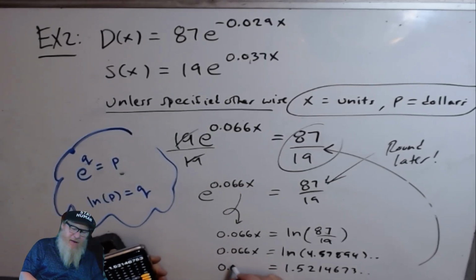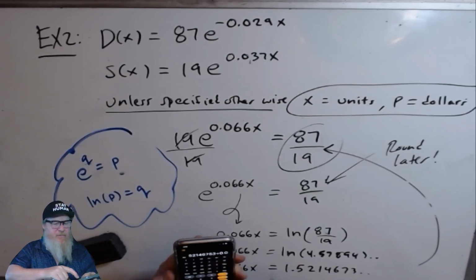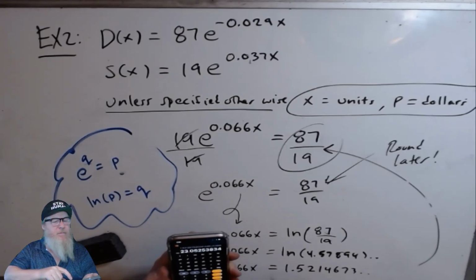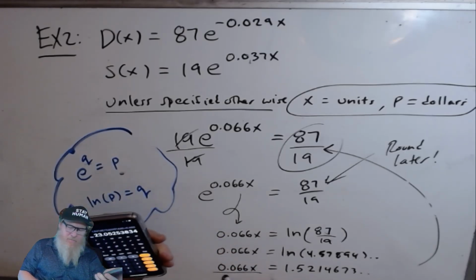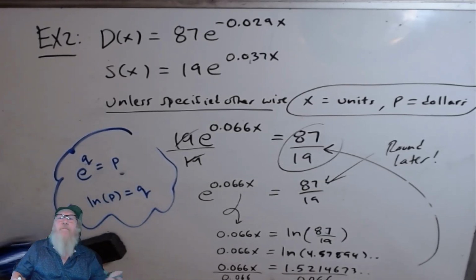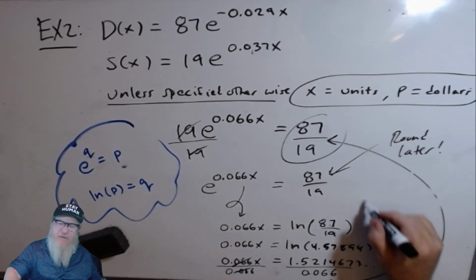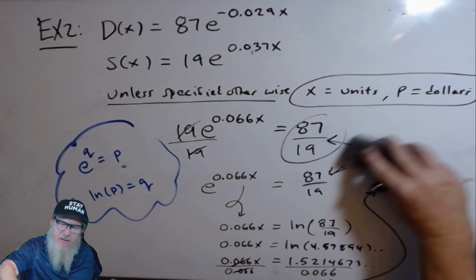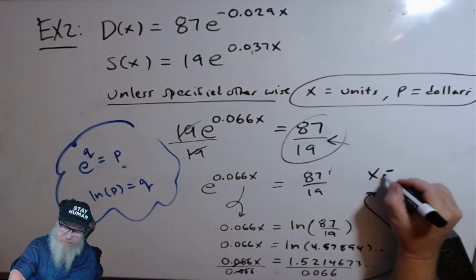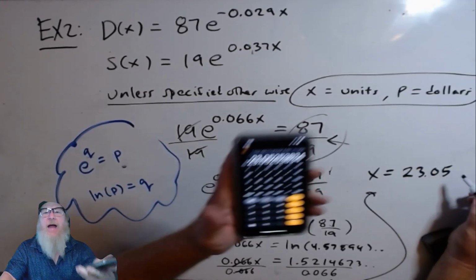I've hit the ln now. And then I'm going to divide by 0.066. Sorry, I'm running out of room here. And I'm going to get x equals 23.05.